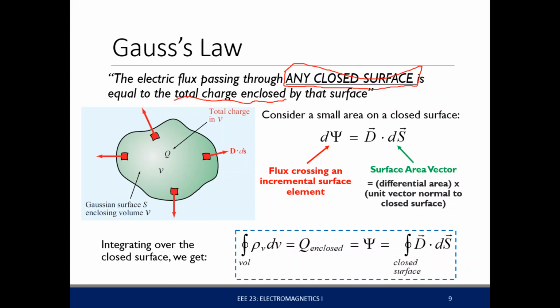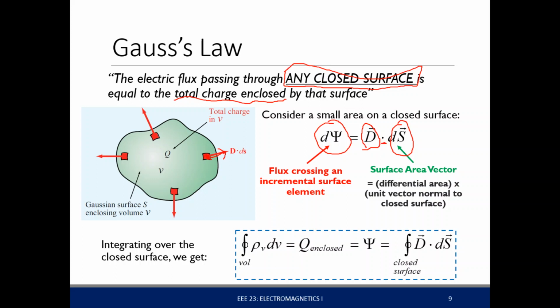So in terms of very small areas within that closed surface, by convention, the unit vector of your very small surface for a closed surface is always going outside of the surface. Now the differential flux, or the very small flux, that is passing through this very small surface is equal to the electric flux density dotted to the differential surface area vector.